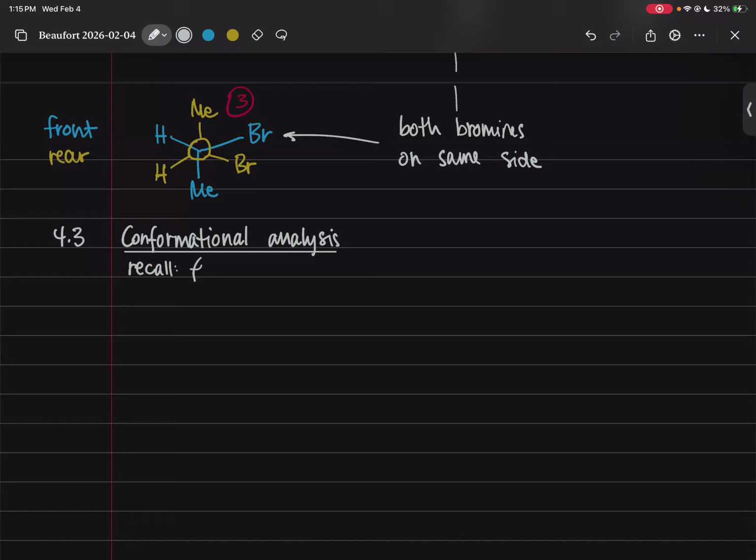So recall the free rotation, and in this case, we're talking about single bonds. If we've got a double bond going on somewhere, those don't have free rotation.